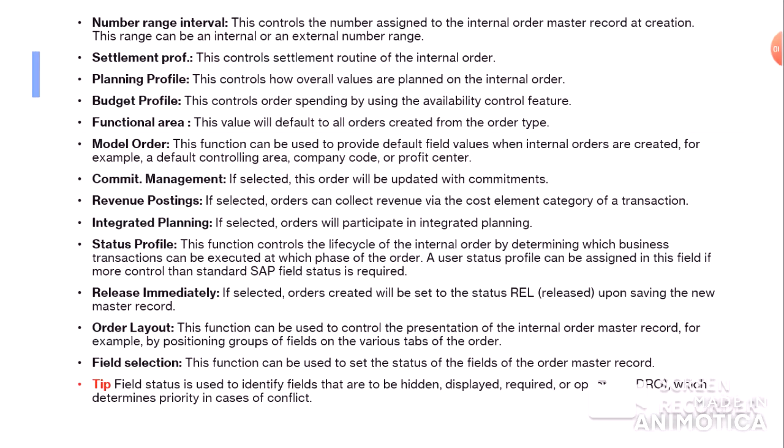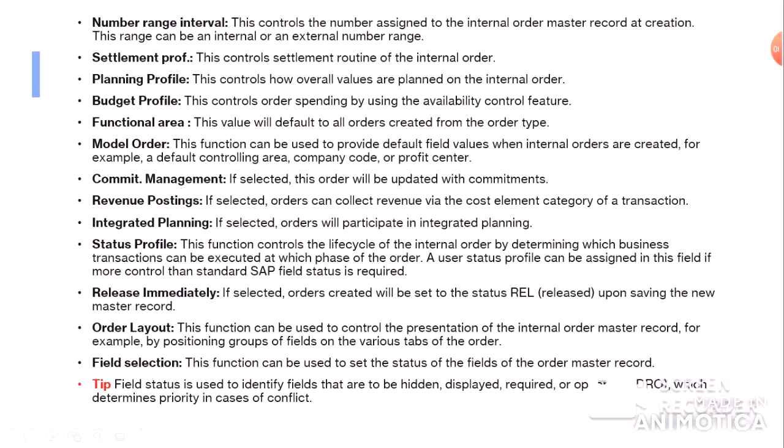This range can be an external or an internal number range. Settlement profile: this controls the settlement routine of the internal order. Planning profile: this controls how overall values are planned on the internal order.